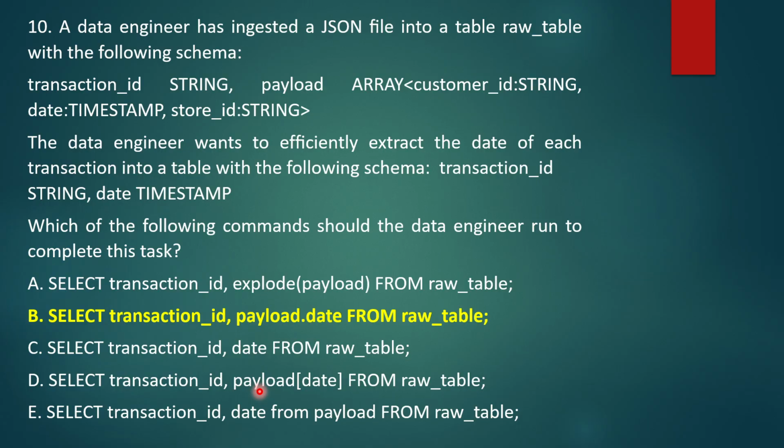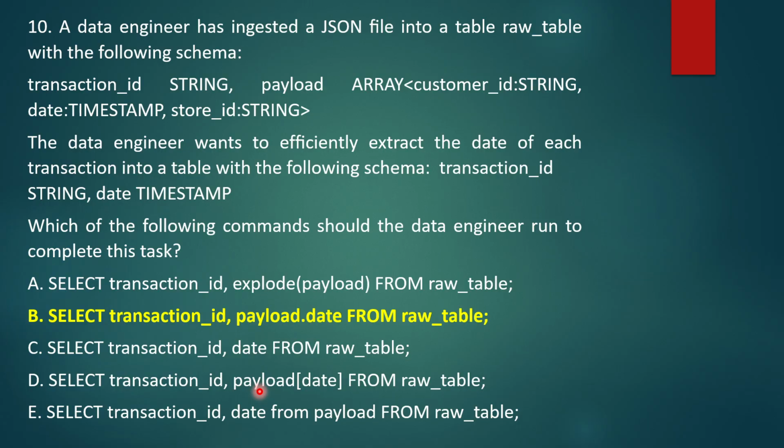So this means we need to unnest or explode the payload array and access the date field from each struct inside. So the correct answer is select transaction ID, payload.date from raw table.